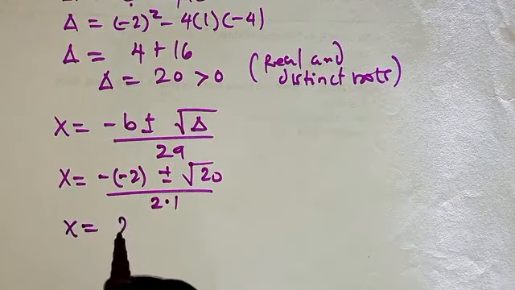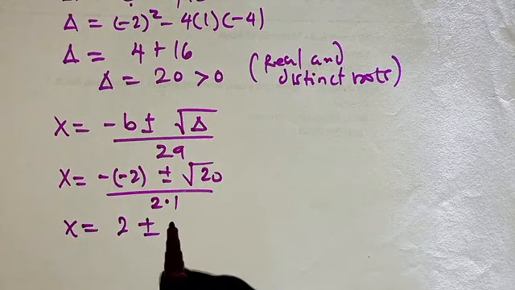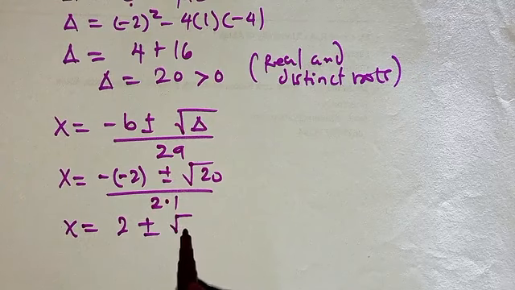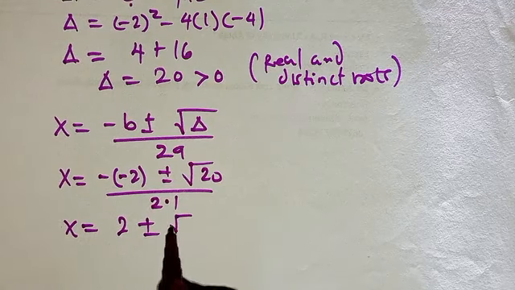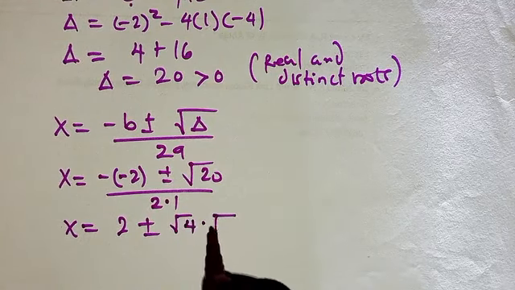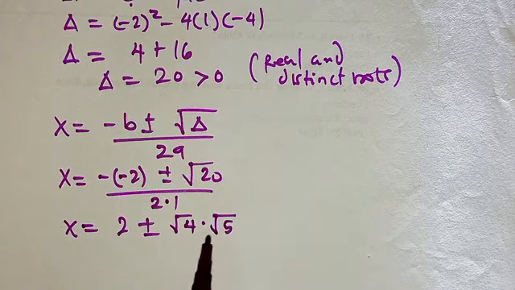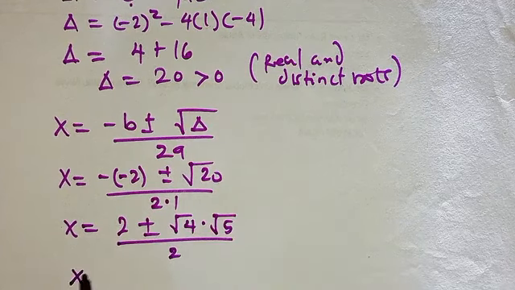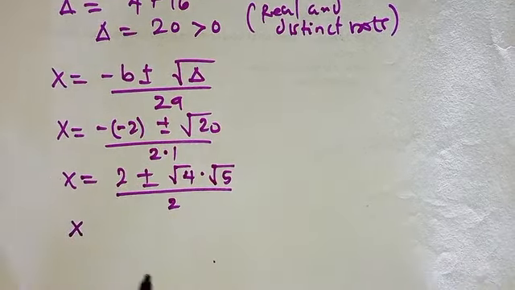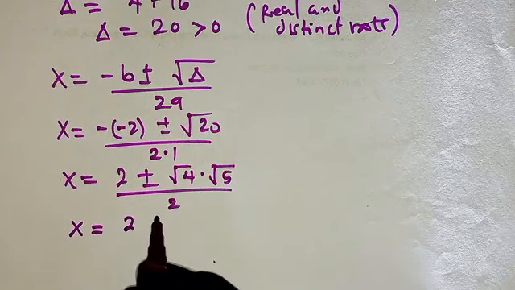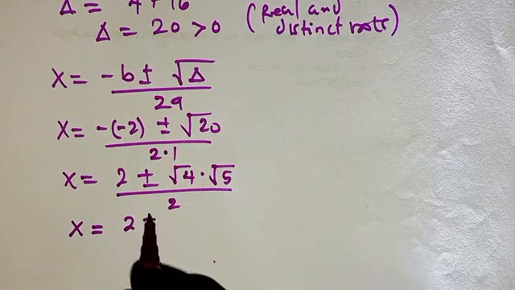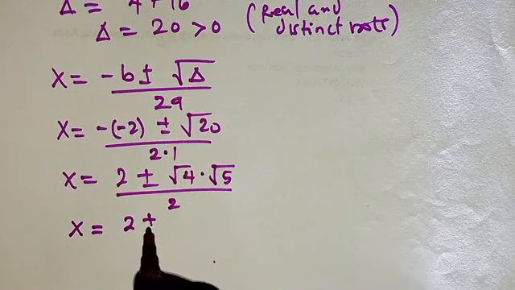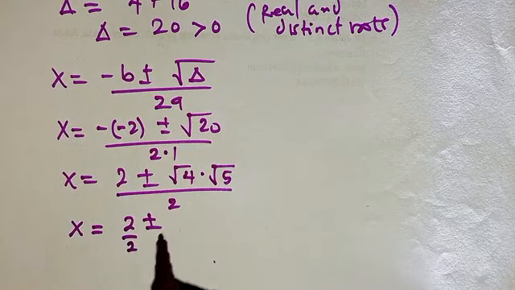So x equals 2 plus or minus the square root of 20, which can be expressed as root of 4 times 5, since 4 times 5 gives us 20, divided by 2.